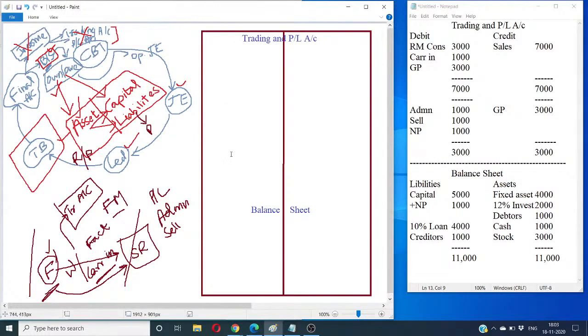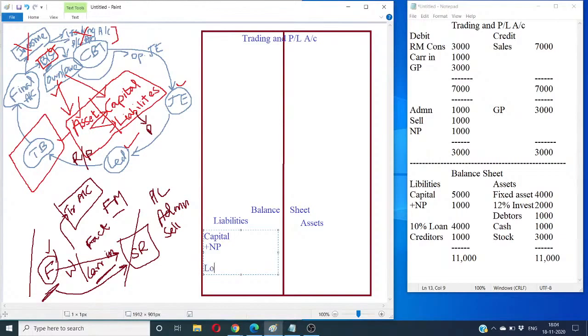Now, in the balance sheet, the left hand side is named as liabilities. Right hand side is nothing but assets. In the liability side, we have capital, to which net profit will usually be added. In the case of net loss, it is subtracted.